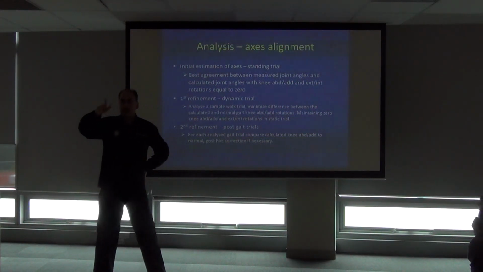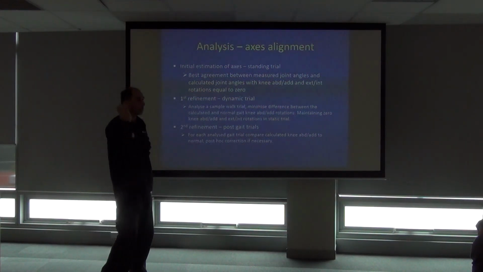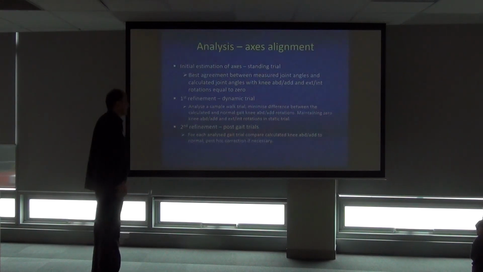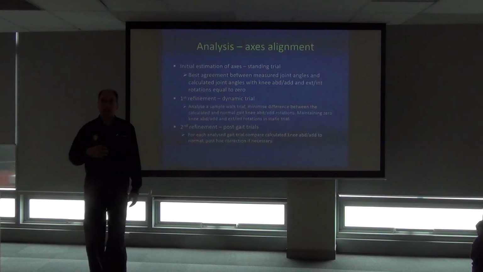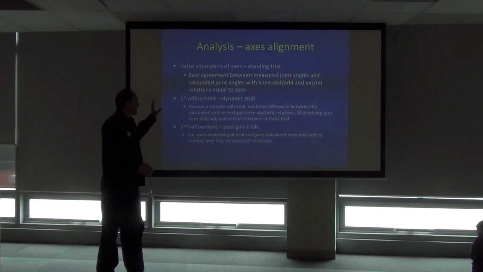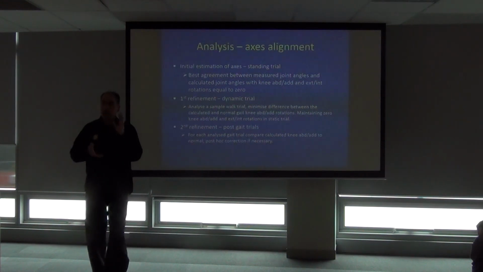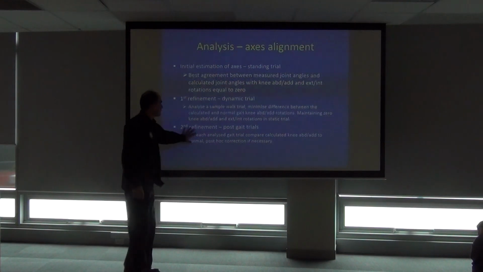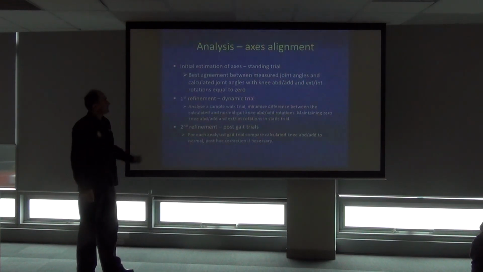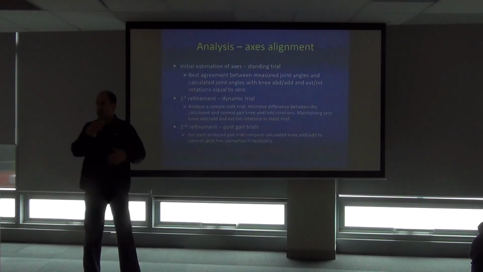It's following closely what we would expect from normal walking of healthy adults walking up and down. So there is a second refinement, which is a post hoc correction. Now, hopefully, as I said, this post hoc correction is small. We're only talking a degree adjustment here or there to minimise those differences. So that's axis alignment, three-stage process.